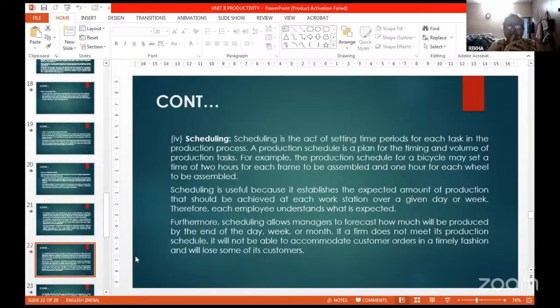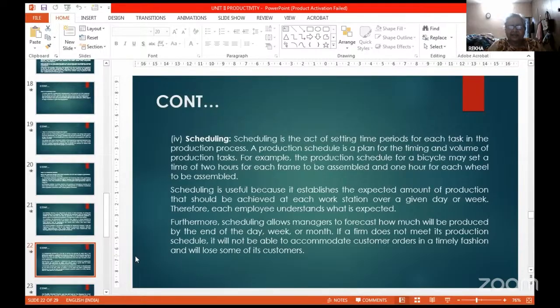Scheduling is the act of setting time periods for each task in the production process. A production schedule is a plan for the timing and volume of production tasks. For example, the production schedule of a bicycle may set a time of 2 hours for each frame to be assembled and 1 hour for each wheel to be assembled.